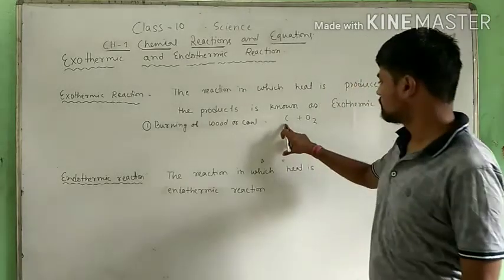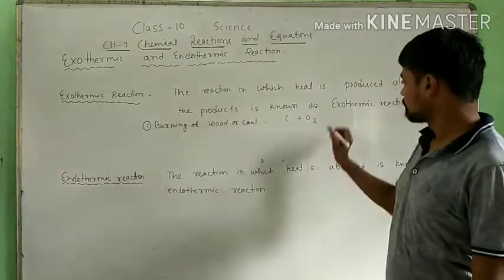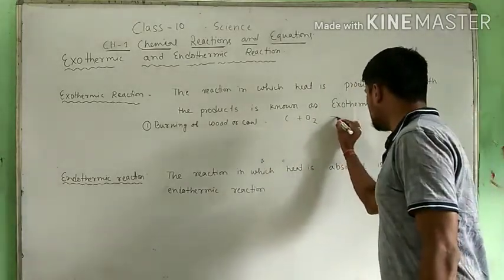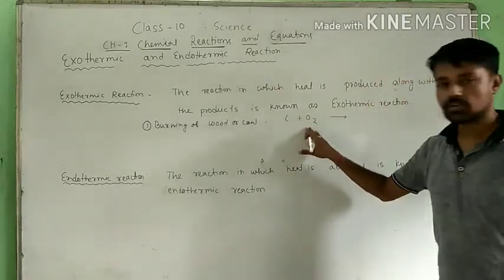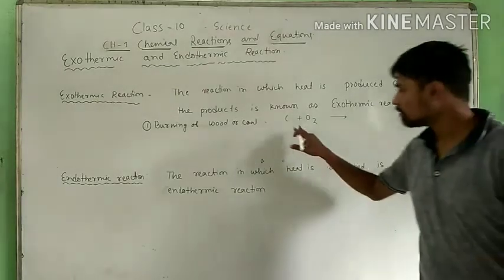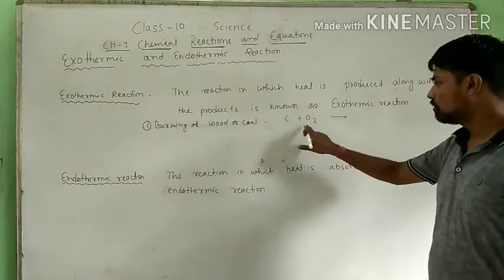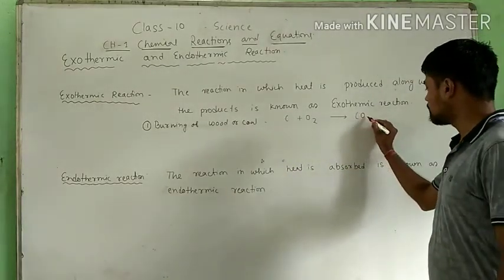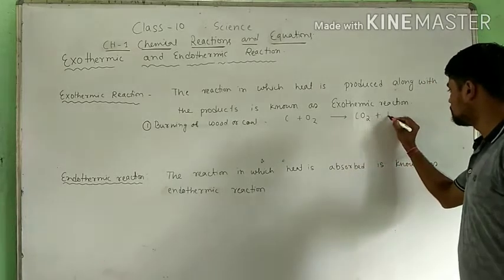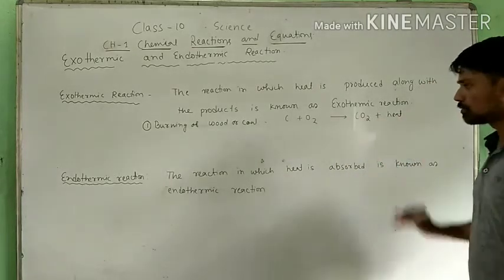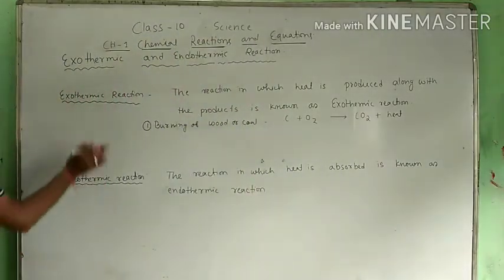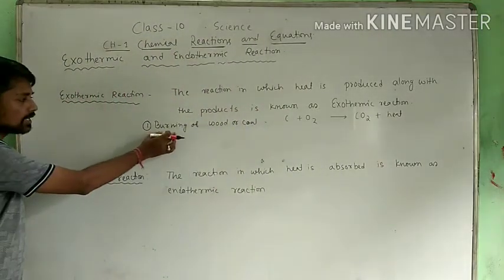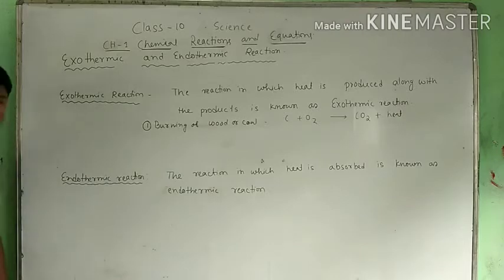Wood or coal is defined as carbon, C. Whenever we burn any substance, we generally use oxygen gas. So when we burn wood, it produces carbon dioxide, and along with it heat is produced. So it is an example of exothermic reaction. Burning is an example of exothermic reaction.